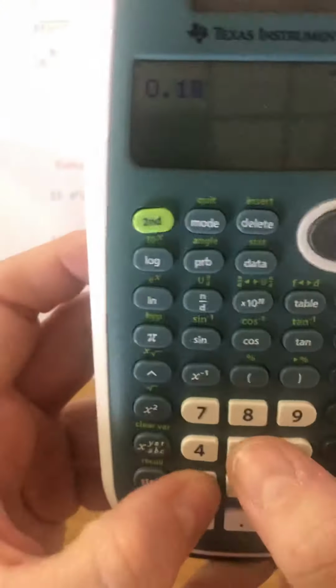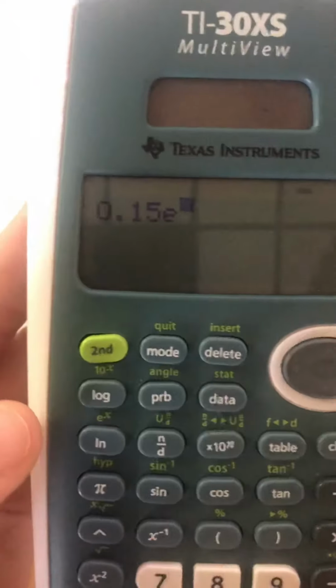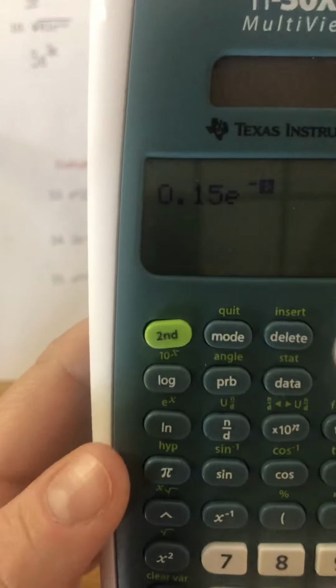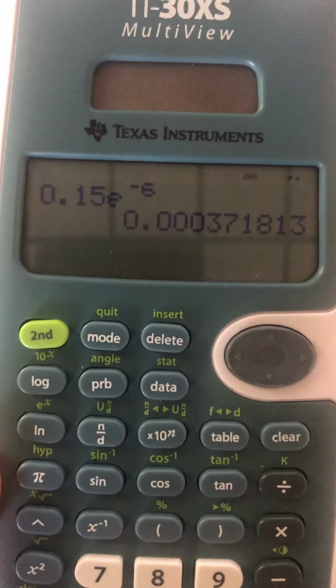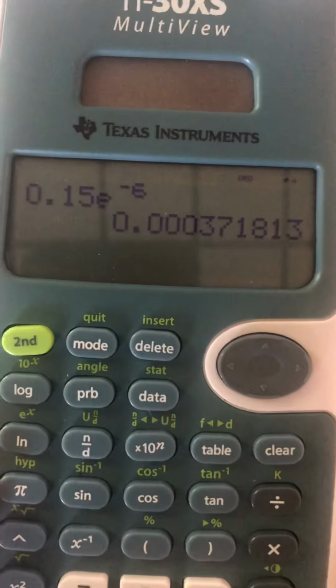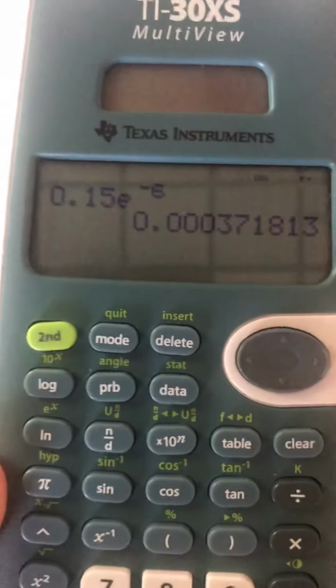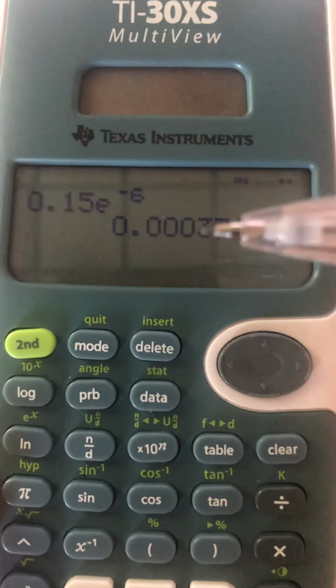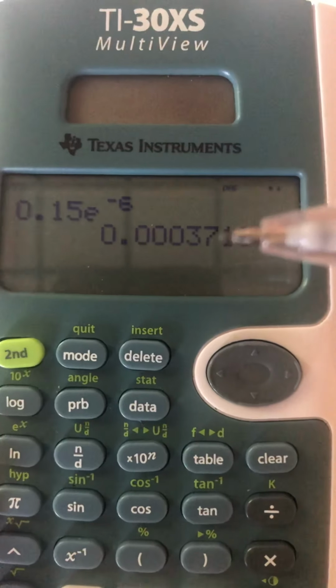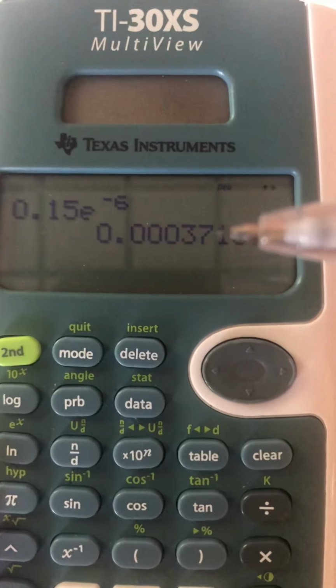All right, last one, y'all. We have 0.15 times e to the negative 6th power. 4th digit behind the decimal point is a 3. Well, it wouldn't make much sense for us to have 0.000, right? So let's round it 1 extra digit and we'll look at the 5th digit.